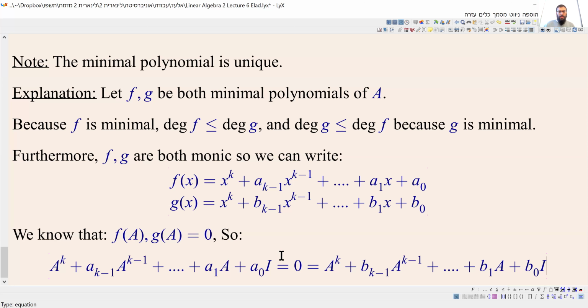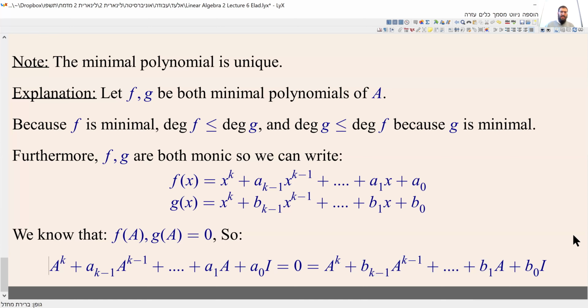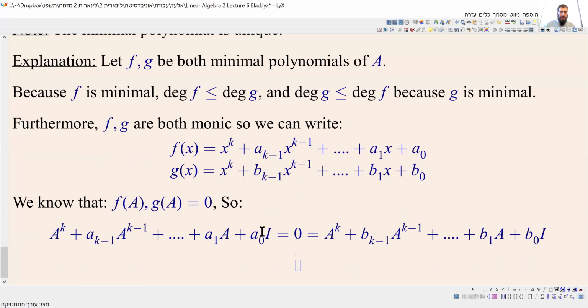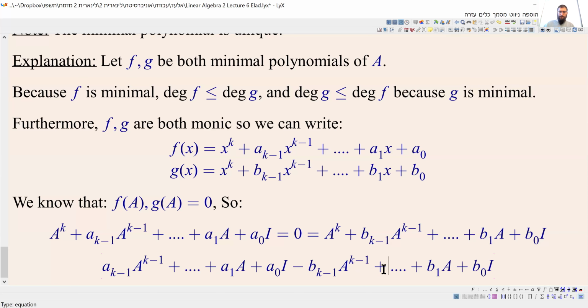First of all, A^k and A^k cancel each other, and the 0, I just move all this stuff to the left side, and I have these elements minus these elements is 0.